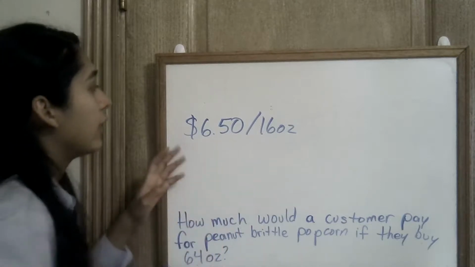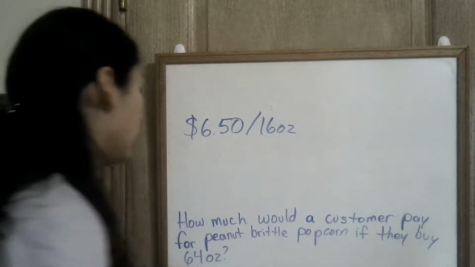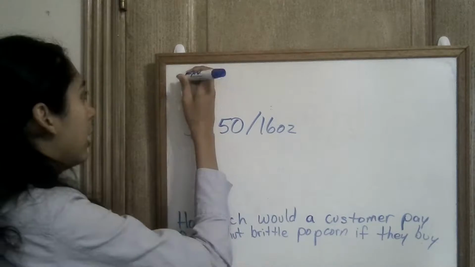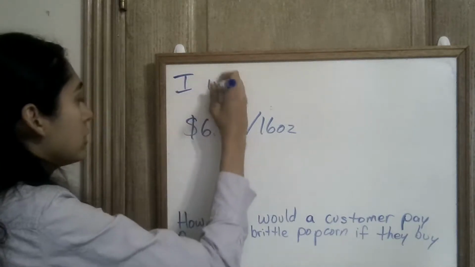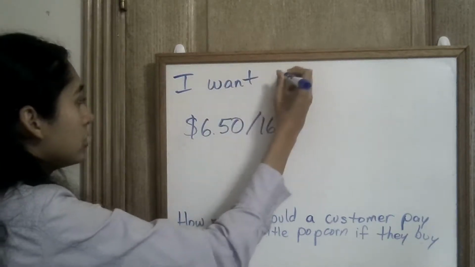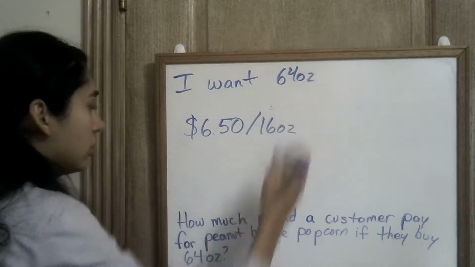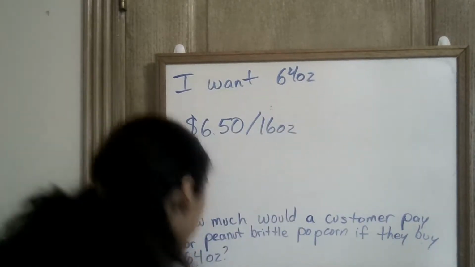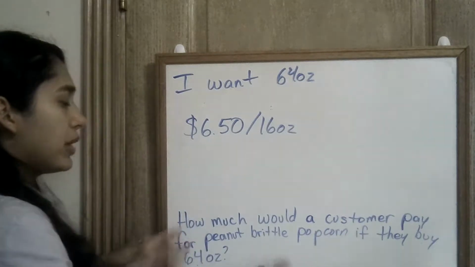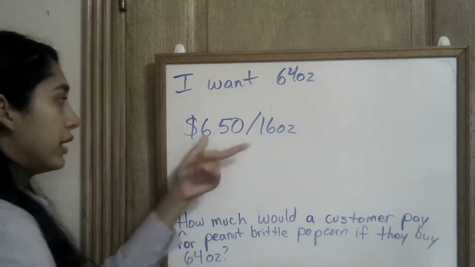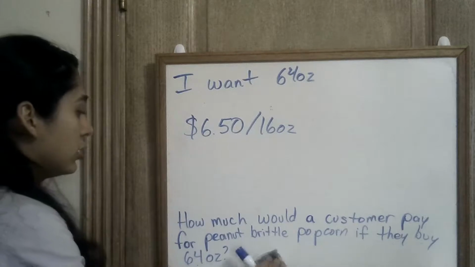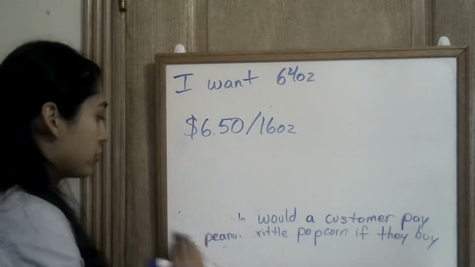So here we have our information, and we know that I want 64 ounces. We're talking about peanut brittle, so this was the price for it. I can just go ahead and erase this information.